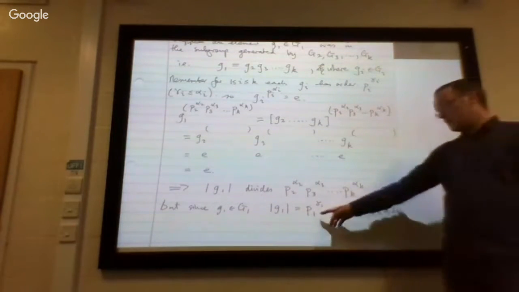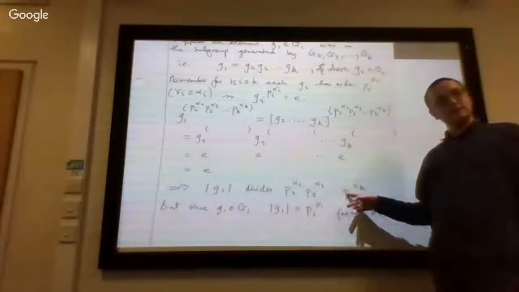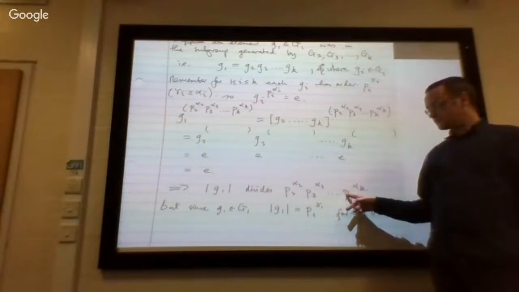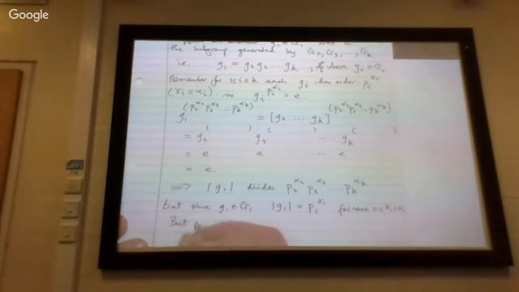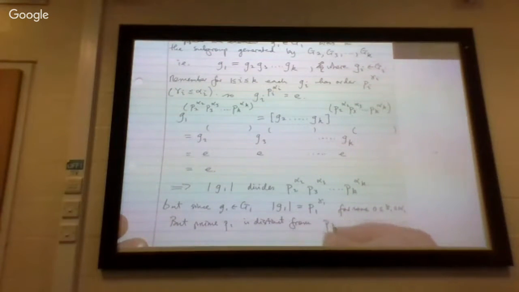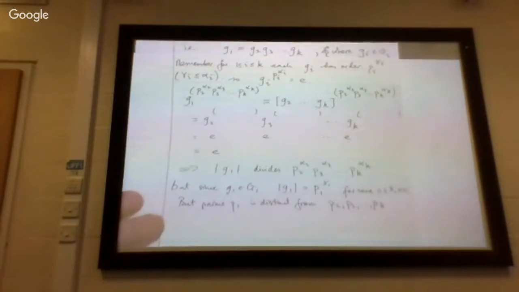But now the prime P1 is distinct from all these other primes, P2. The list of primes P1 up to Pk are distinct prime numbers.